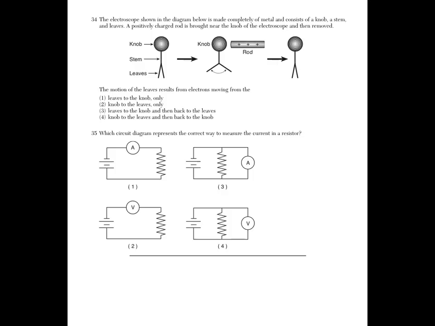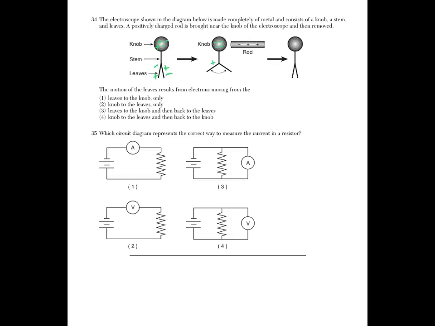Anyhow, here we have a neutral electroscope. That means positives and negatives exist throughout. When you bring a positive rod to it, the negatives are going to be attracted to the top.